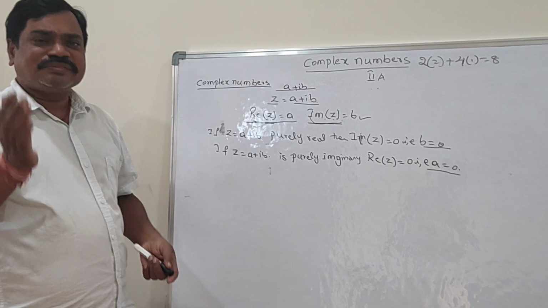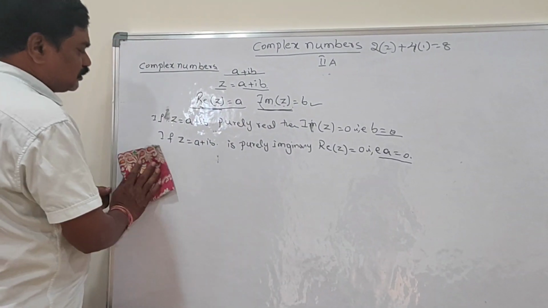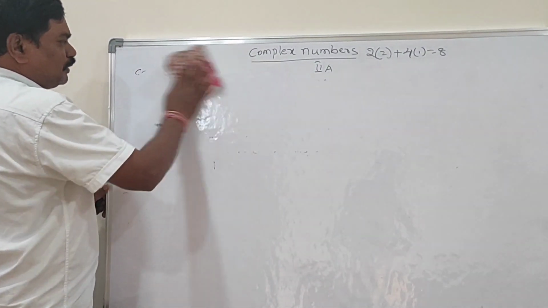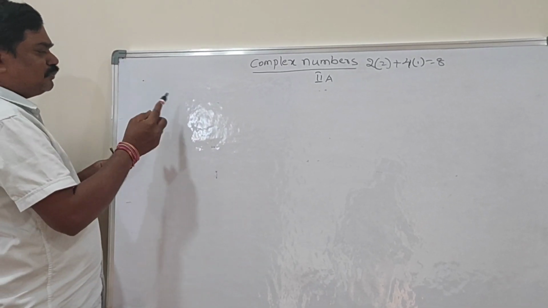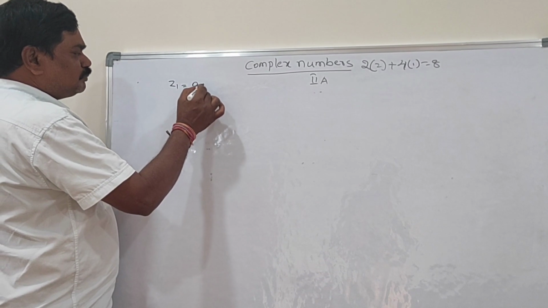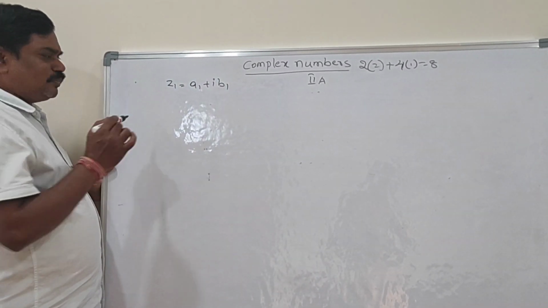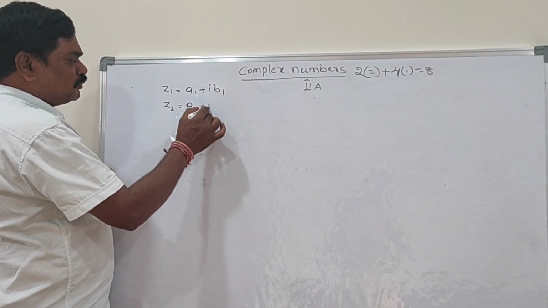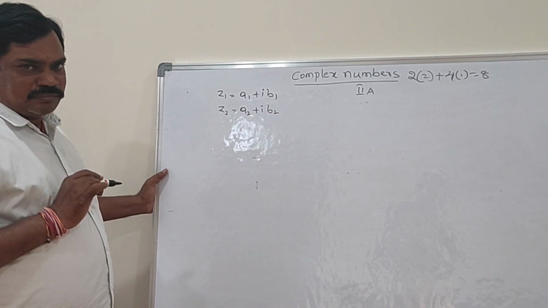Next, mathematical operations of the complex number. Suppose z1 is equal to a1 plus ib1, a complex number, and z2 is equal to a2 plus ib2 is the second complex number.